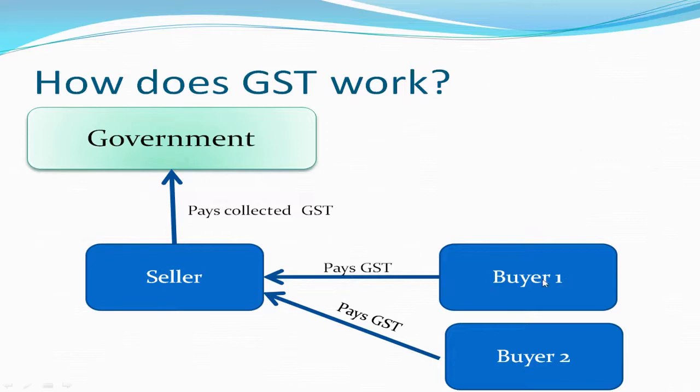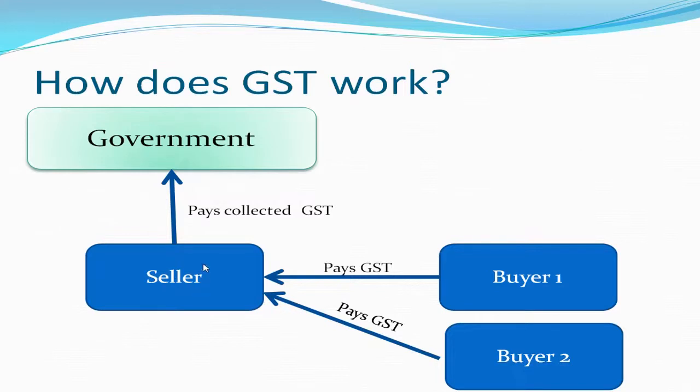So all the buyers, whenever they are buying from a seller, along with the price of the product or service we are buying, we are paying GST to the seller, here to the shopkeeper, right?